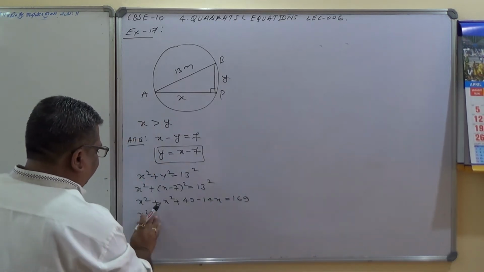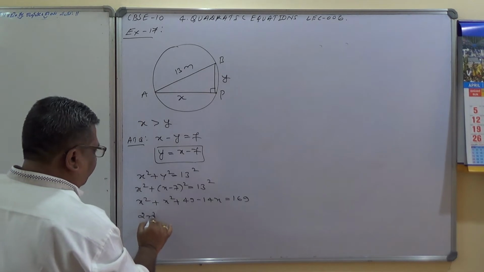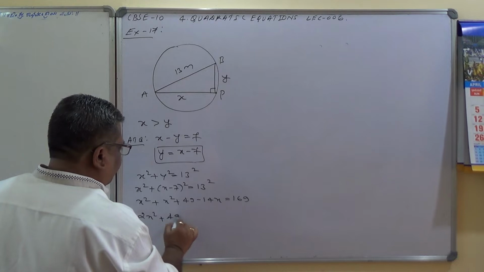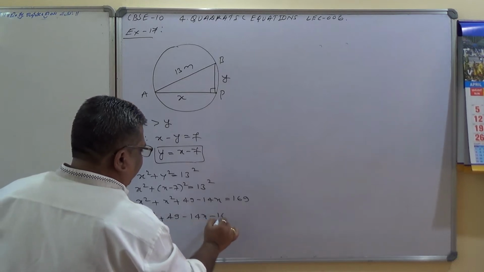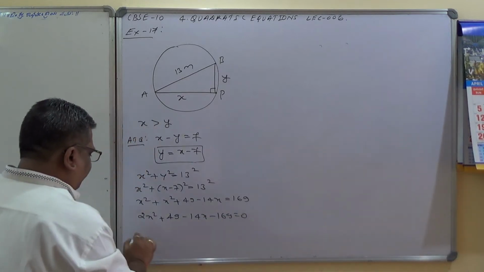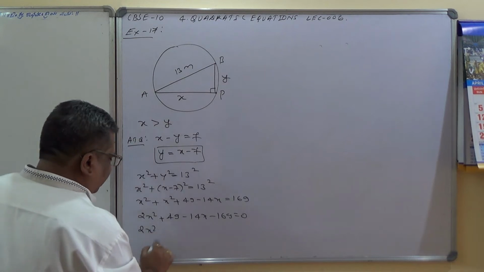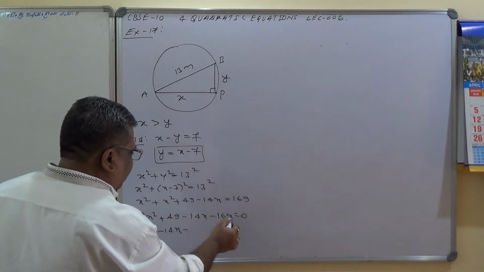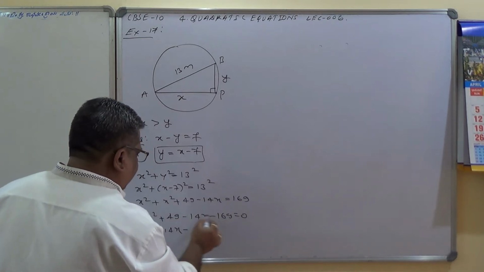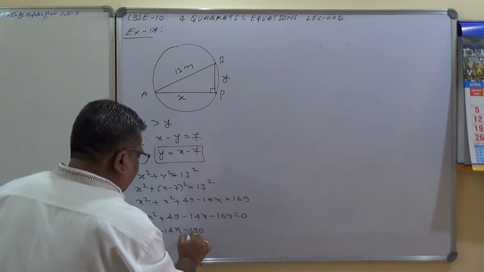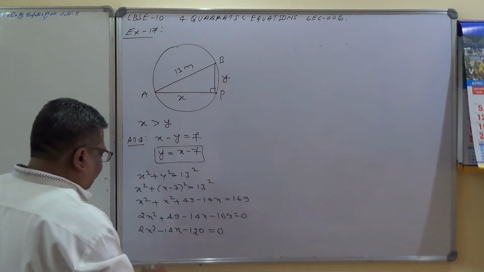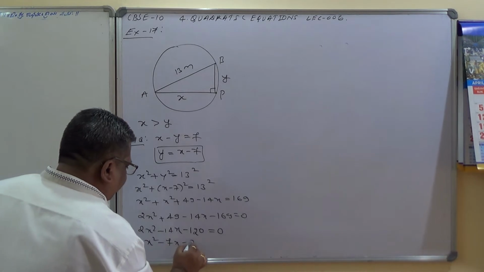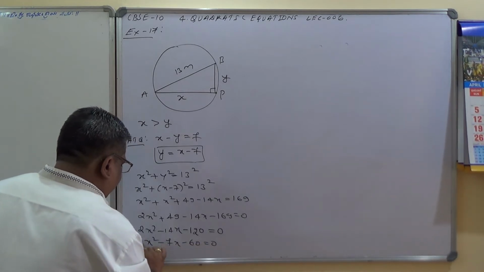So 2x square minus 14x plus 49 minus 169 equals 0, which gives 2x square minus 14x minus 120 equals 0. Take 2 common: x square minus 7x minus 60 equals 0.